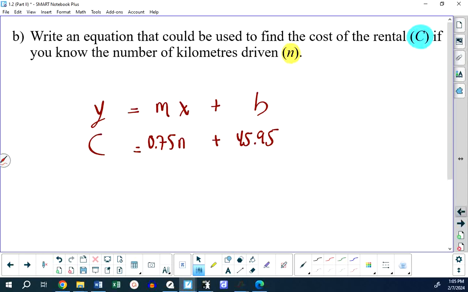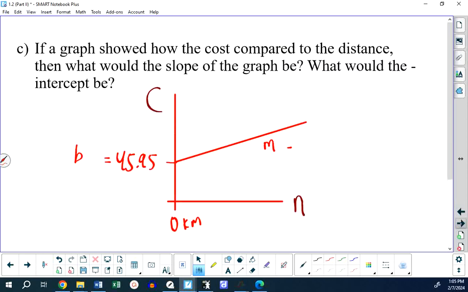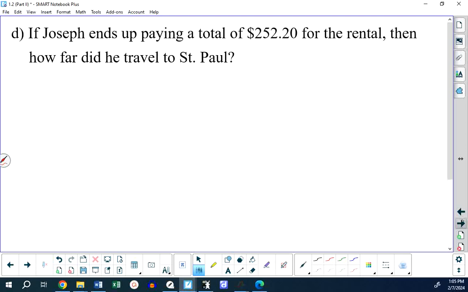M is the slope, 0.75. So your slope would be 0.75. Are we okay with C? Okay, D.